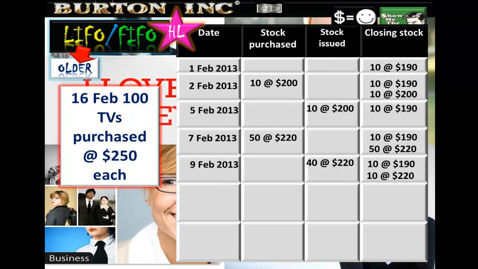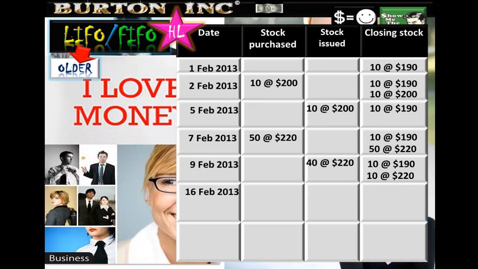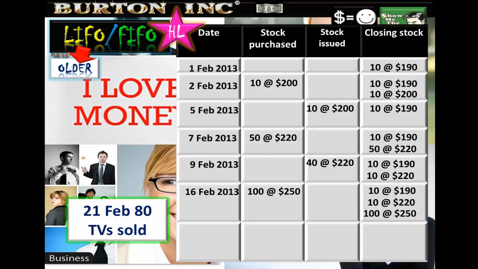16th of February, 100 TVs come in. We've bought them at $250 each. So now we have got 10 at $190, 10 at $220, and 100 TVs at $250. On the 21st of February, 80 TVs have been sold. Are we selling our old ones, or are we selling our new ones first? LIFO, think to yourself, we're leaving ourselves with our older stock.